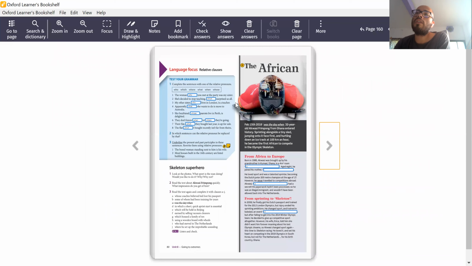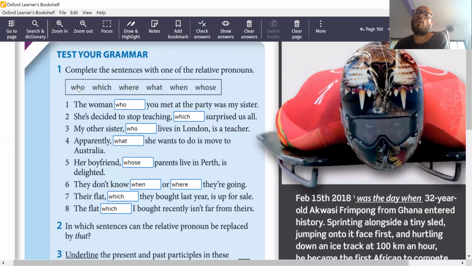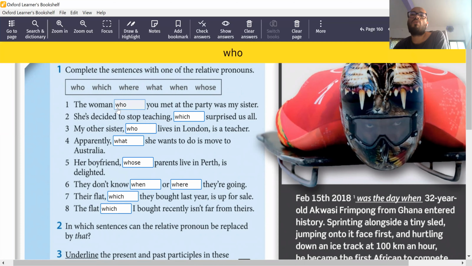Unit 8 is about relative pronouns. Remember, there are relative pronouns like who, which, where, what, when, and whose. Who refers to people, which refers to objects, sometimes actions, sometimes situations. Then we have, my older sister who, sometimes defining and non-defining, with commas and no commas.